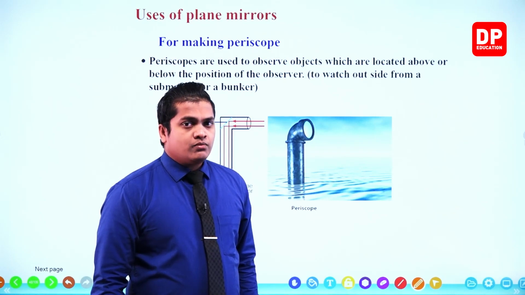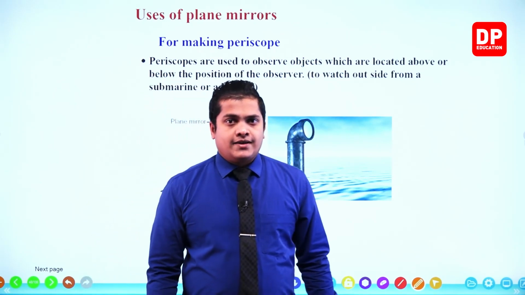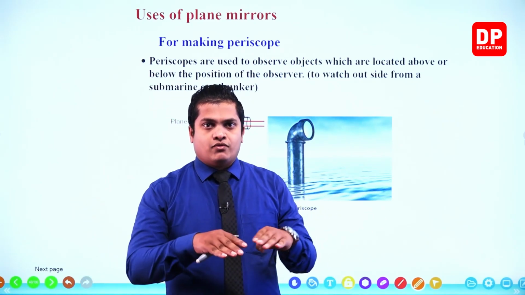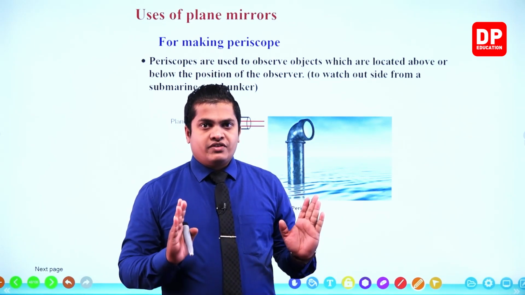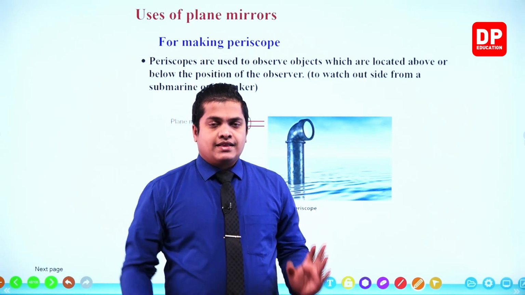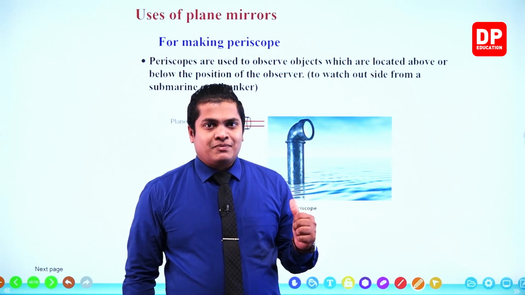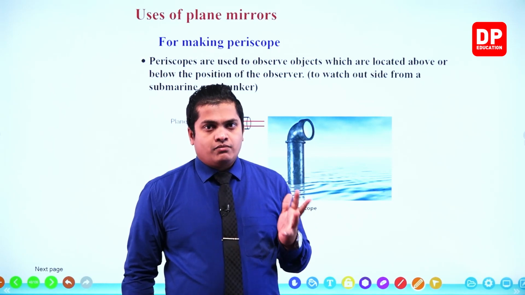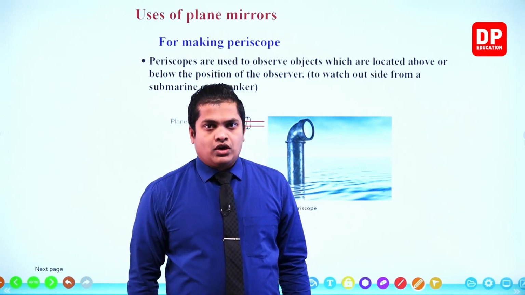So through an obstacle, we can observe the outside by using a periscope. Let's imagine that there is a certain wall. If there is a certain wall, we won't be able to observe the things at the other side. So by inserting this periscope, we can observe the things which are at the outside of the wall.